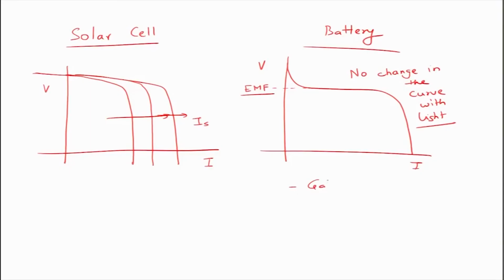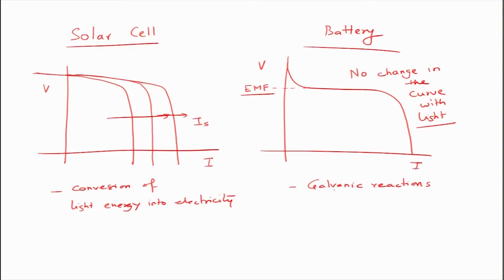Because we use both batteries and solar cells, a battery is also a power generator, and a solar cell is also a power generator, but there are fundamental differences between the way they operate. A battery is based on galvanic reactions, whereas a solar cell is the conversion of light energy into electricity.